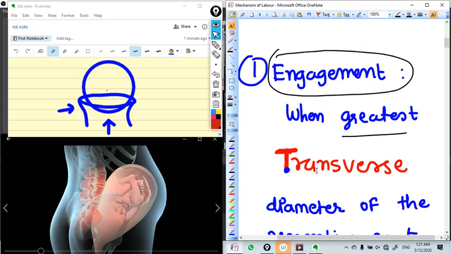What is the greatest diameter of the head? Transverse diameter. Anterior posterior diameter can change according to how the fetal head is flexed or deflexed, but the transverse diameter of the fetal head is fixed. And when this part crosses the pelvic inlet, that makes the engagement.